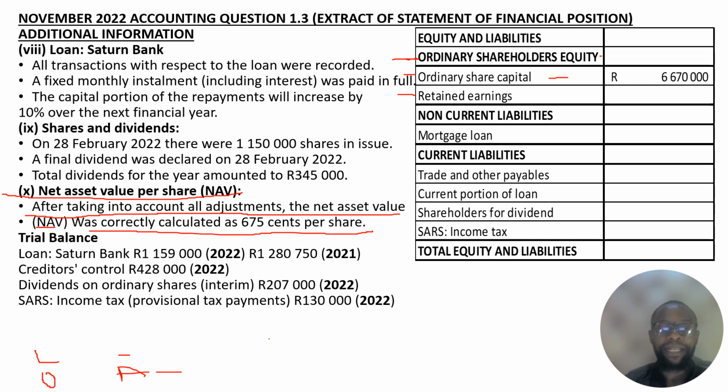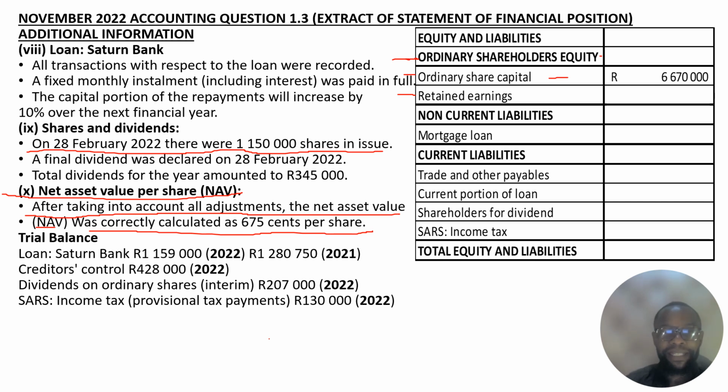So let us calculate using the information that we are given. We are given there that on 28 February there were 1,150,000 shares in issue, which means the company has 1,150,000 shares.